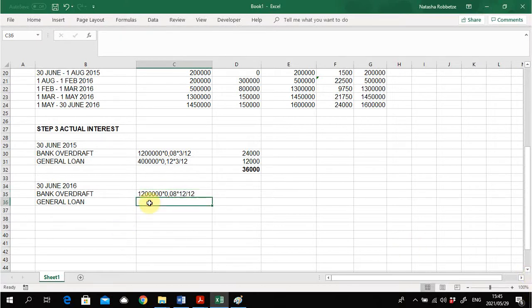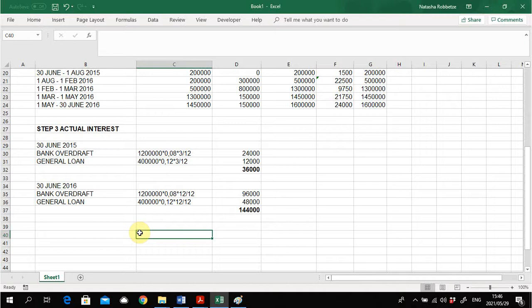And the general loan will be 400,000 times 12% times 12 out of 12. That calculation should give you 96,000 and 48,000, and the sum of that is 144,000. I hope. Let's just check. Yes, 144,000. Right, so there we've completed our 3 steps for general loans.